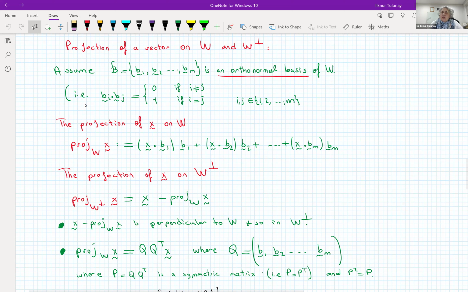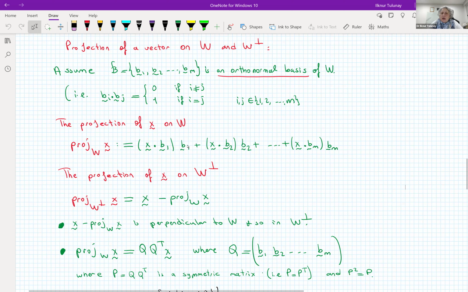And we would like to find the projection of any vector X on W. This is defined by taking X and taking the dot product with B1, B2, Bm. These are the coefficients of the linear combination of B1, B2, Bm.